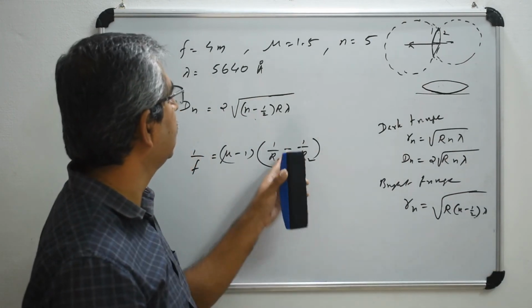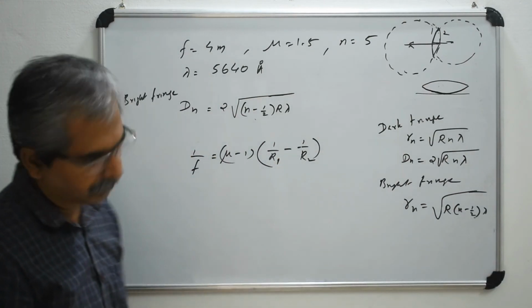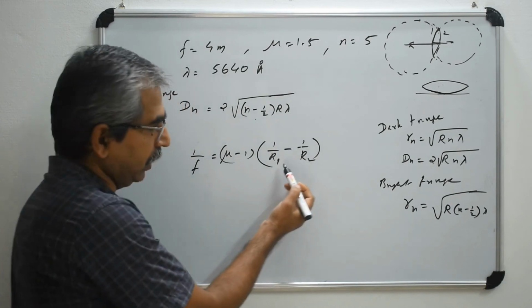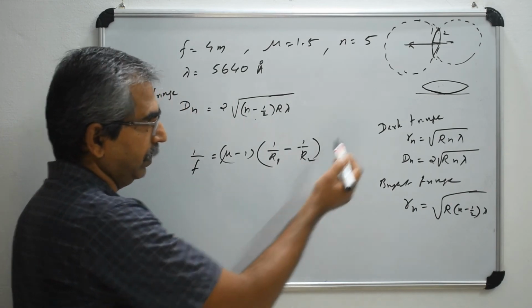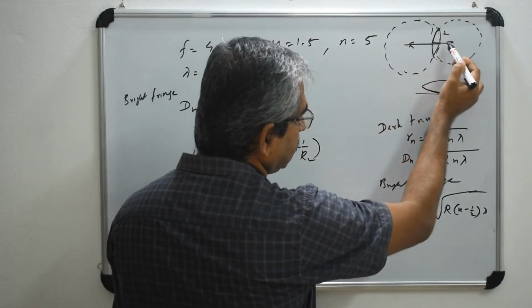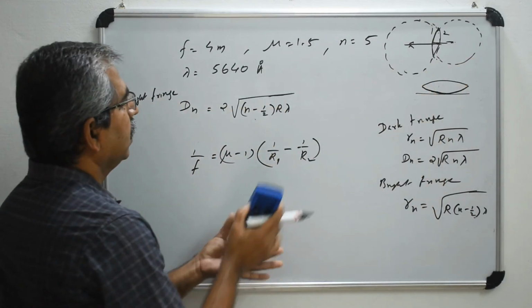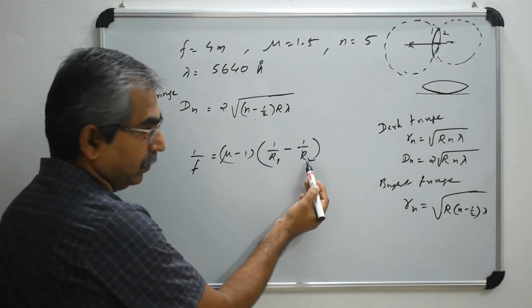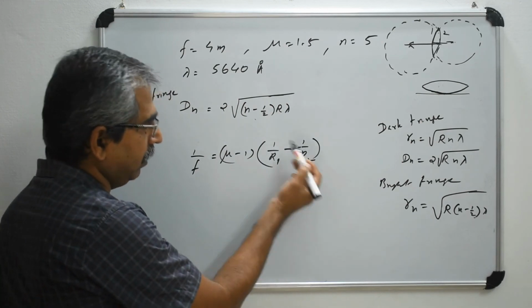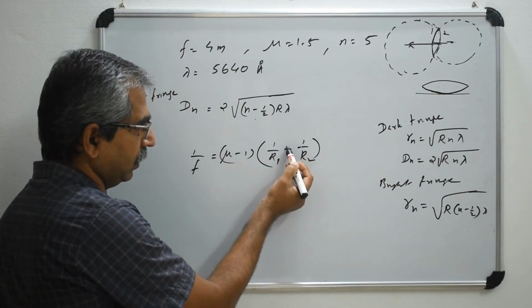So using the sign convention, if you are taking r1 positive, r2 will be negative, because r1 is along this direction and r2 is along this direction. Therefore minus of minus will become positive.